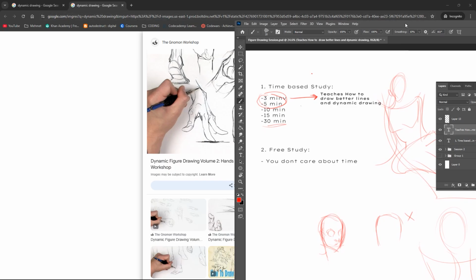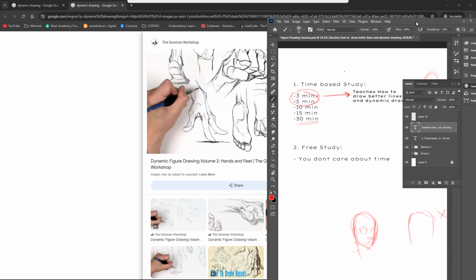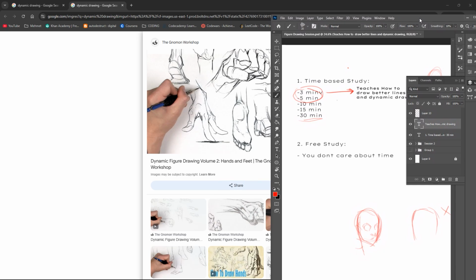I am assuming that you are beginners, or you may not be beginners, you may just be looking to learn how to draw figures. However, since you want to learn figure drawing, I assume this is one of the things you should learn, because it is very fundamental to figure drawing.